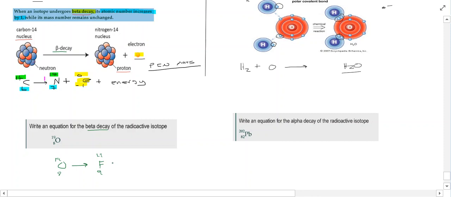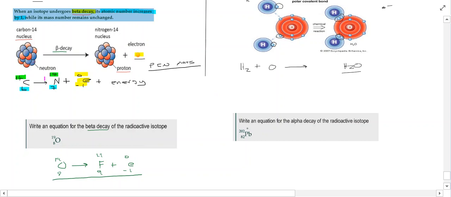Then you get a high energy electron being emitted. So you have e, which just represents that it's an electron and it has 0 mass. So when the oxygen 19 isotope undergoes beta decay, its atomic number increases by 1 while its mass number remains the same. This will be your answer to that question.